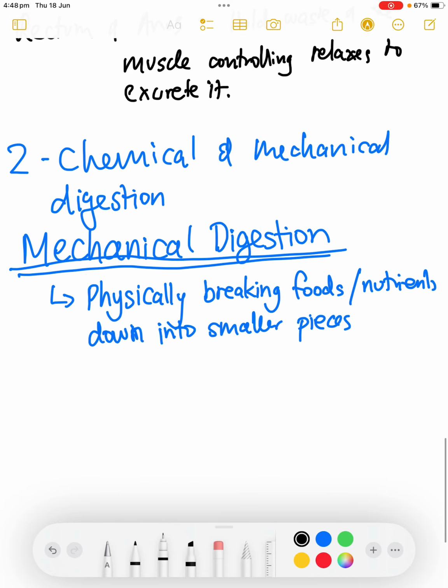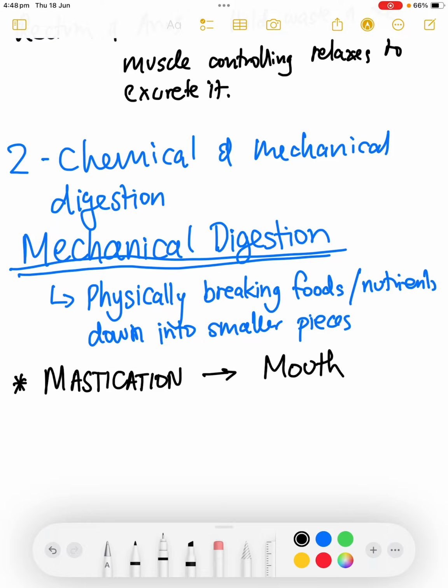I'm going to talk about the process and the site, and what happens as well. Process-wise, the first one we're going to look at is mastication. Site-wise, where that happens is the mouth. What happens is you're grinding, chewing with your teeth to break down foods into smaller pieces.